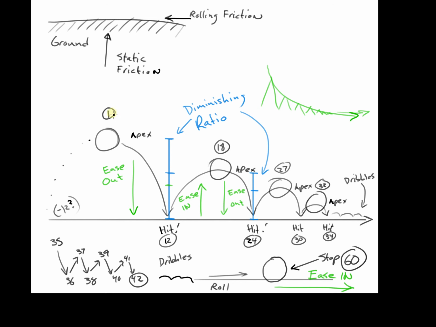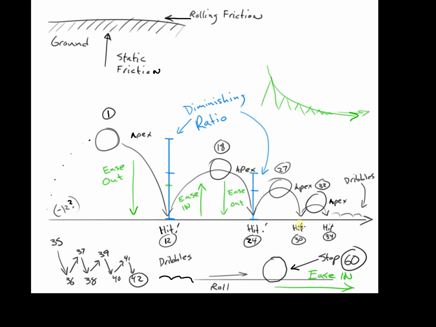Okay, our keyframes are following a sort of halving ratio as well. So this first half a bounce takes 12 frames, which means that the first total bounce would have taken 24 frames, or 1 second. So from 12 to the next bounce over here, for our entire second bounce, it's only taking 12 frames instead of 24, so it's half of the amount of time.